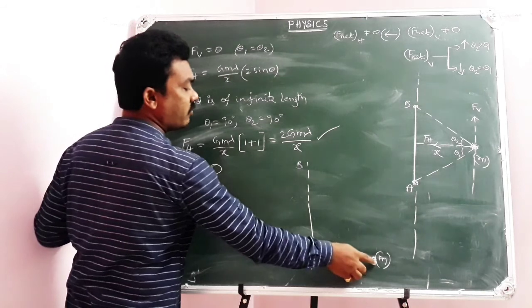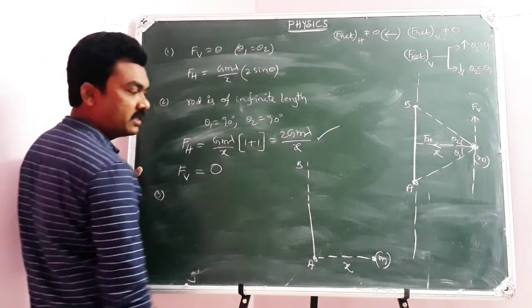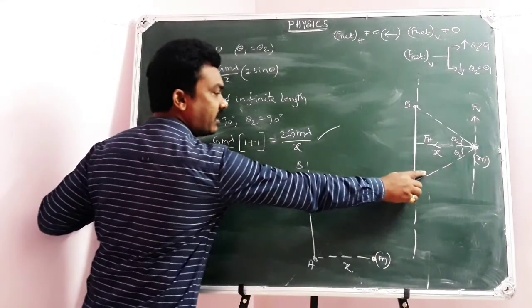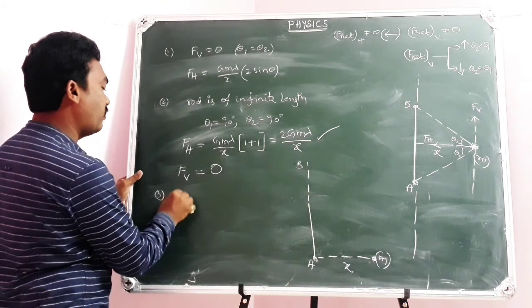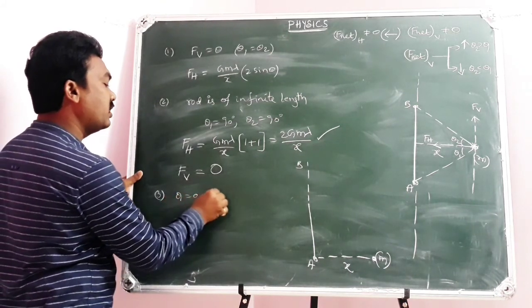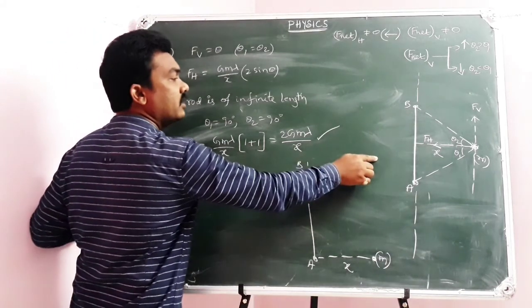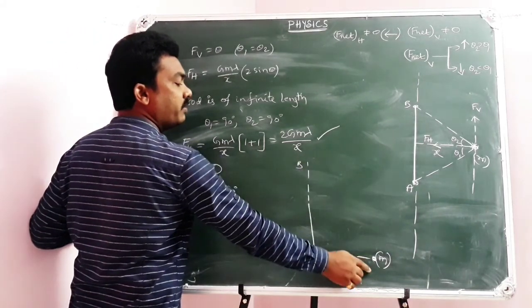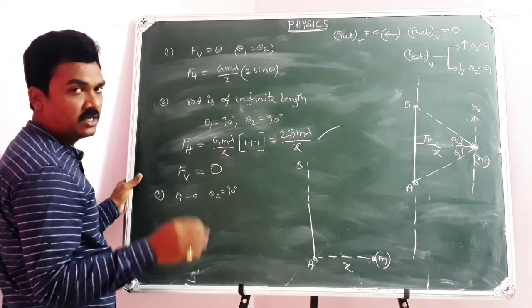Your mass is placed at one end of the rod. Then theta 1 will be 0, theta 2 goes for 90. So theta 1 is 0, theta 2 is 90. If I place it at this end, then theta 2 is 0, theta 1 will be 90. So on the infinite side, theta becomes 90 degrees.